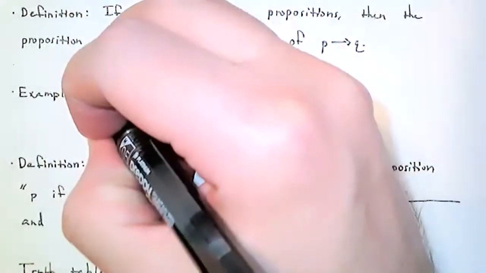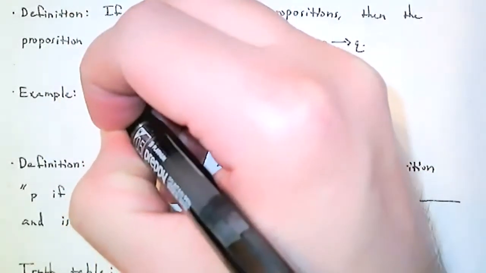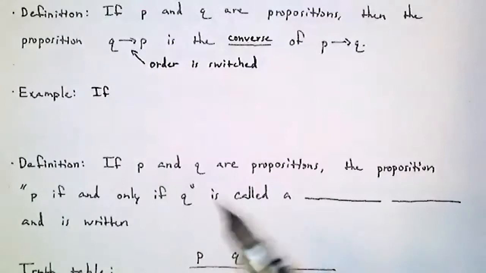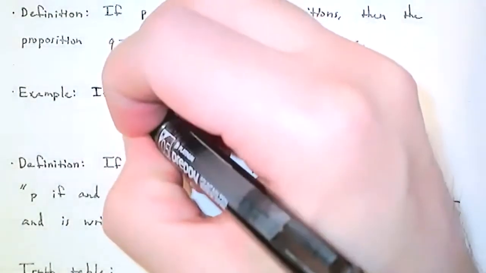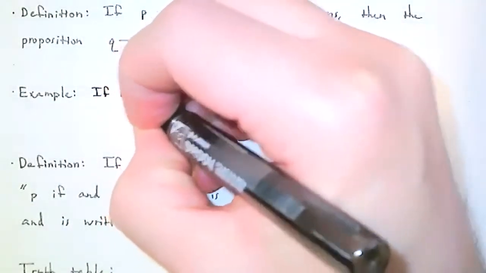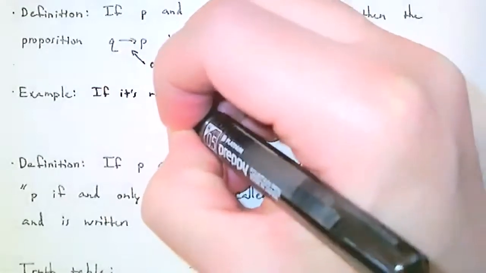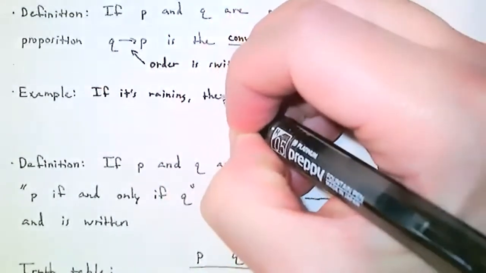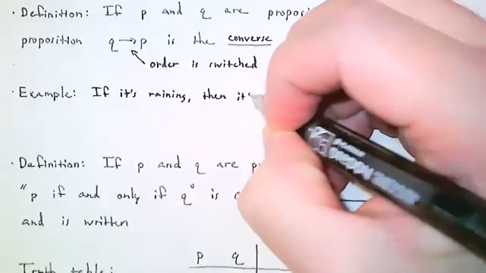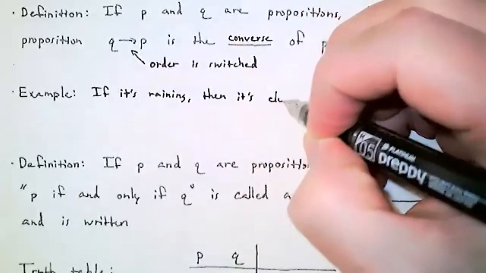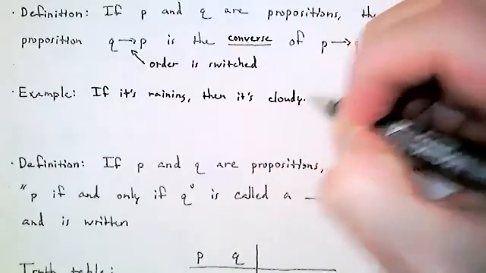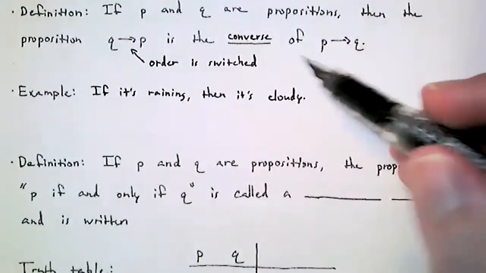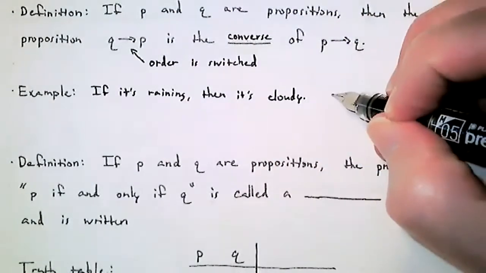An example of a normal conditional statement could be, if it's raining, then it must be cloudy. Right, there must be a cloud dropping rain. The converse is different though.